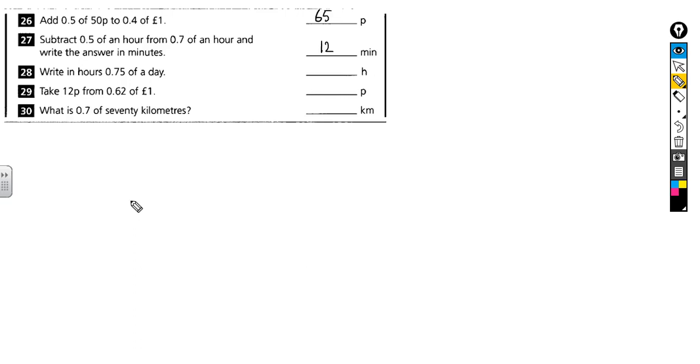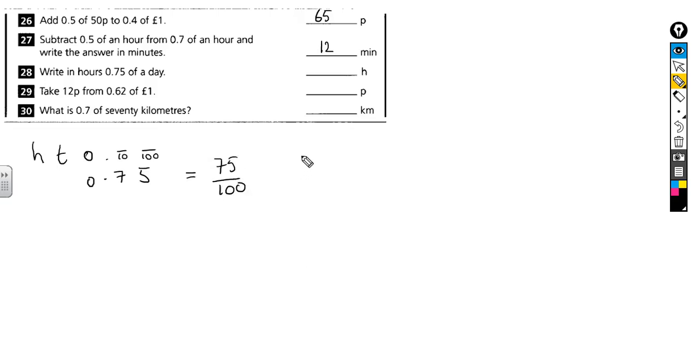If we go back to our place value, we've got tenths and hundredths. 0.75 means 7/10 and 5 hundredths, otherwise known as 75 hundredths.